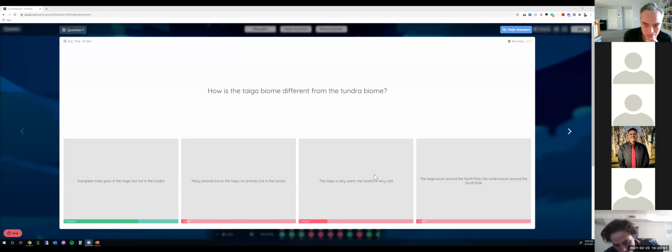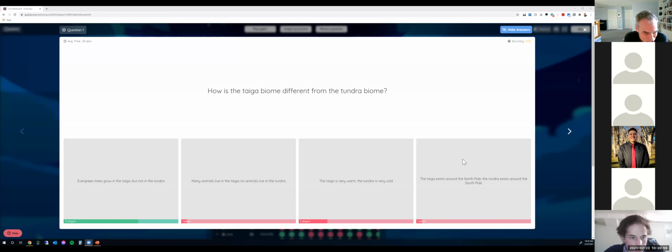I need to share my screen again. All right, so how is the taiga biome different from the tundra biome?